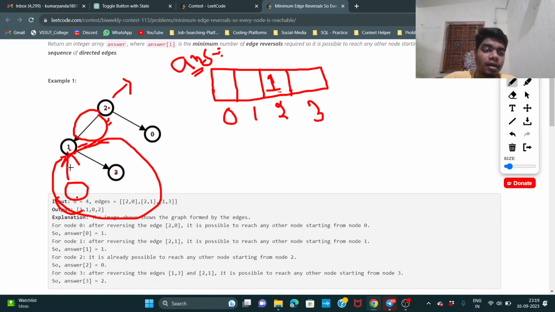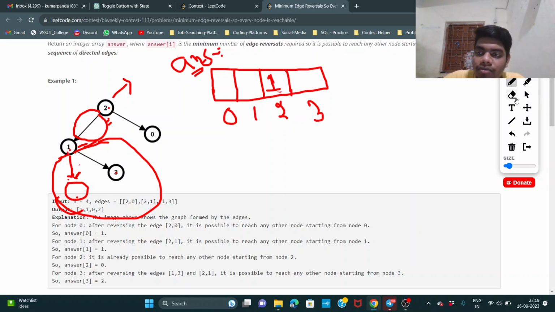Now my edge will look like this, right? I am reversing this edge.